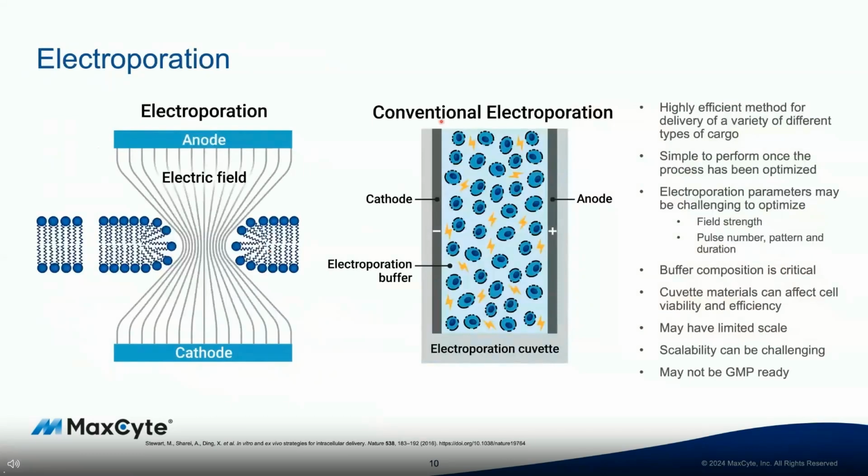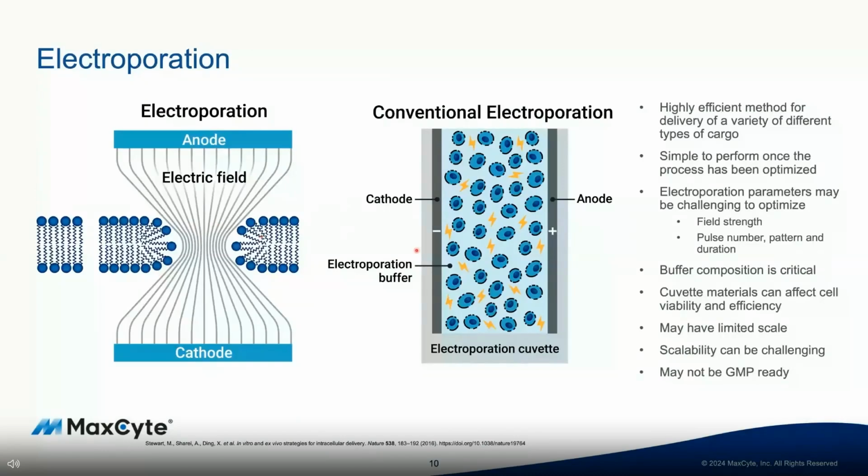So electroporation can be a highly efficient method for delivering various types of cargo into the cell, and it basically involves an electric pulse running through two parallel plates. This temporarily introduces a pore in the cell membrane.